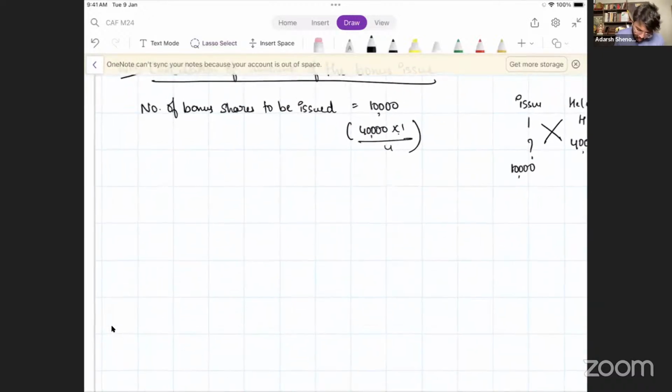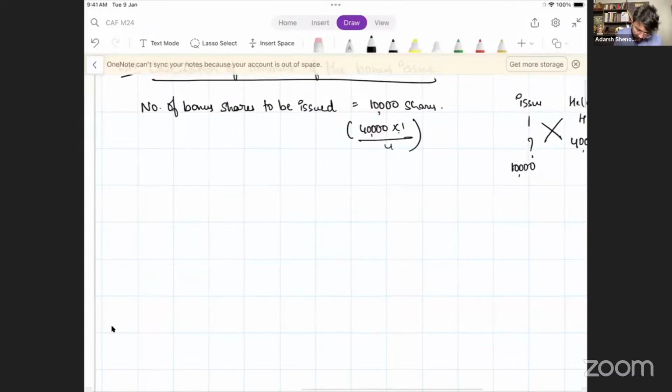Now, these 10,000 shares should be issued as what? Fully paid shares, right? We saw section 63. It says that you have to issue fully paid bonus shares only. So, fully paid shares. What is the face value of each share? 10 rupees.